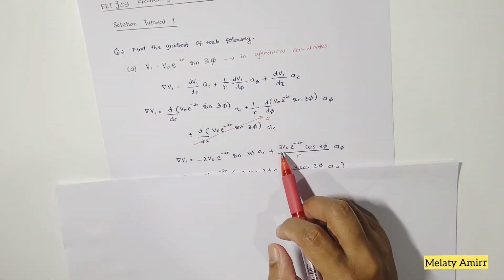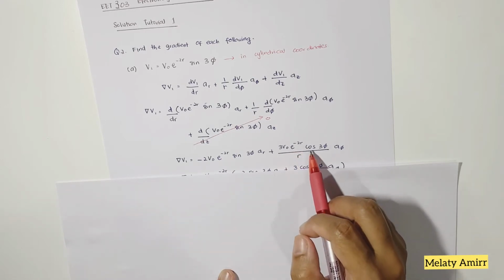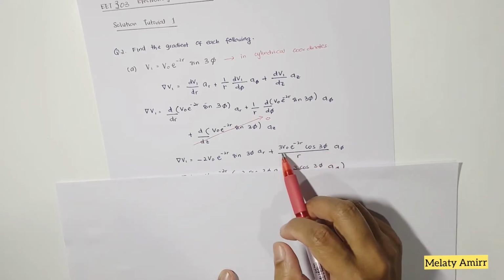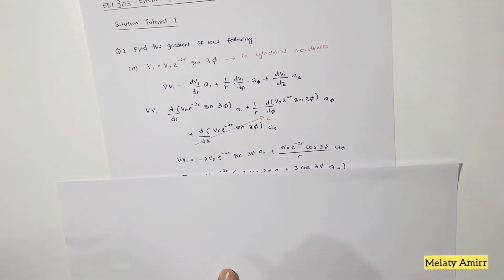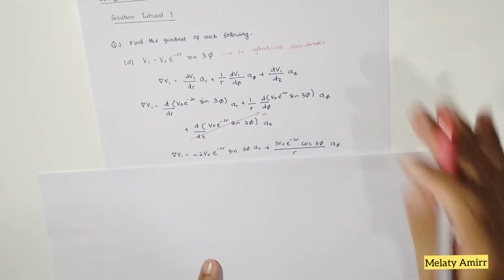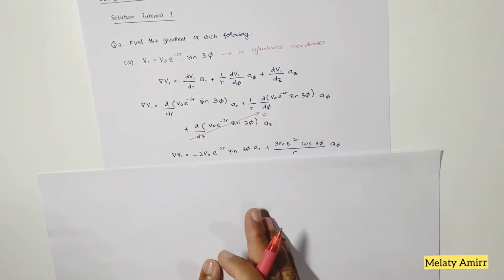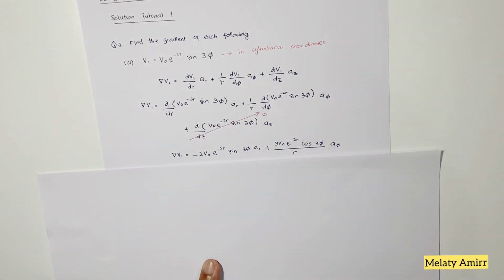So you will get 3v0 exponent negative 2r cos 3phi, over r, a phi. I believe all of you already know how to differentiate this equation because this has already been taught in your secondary school.